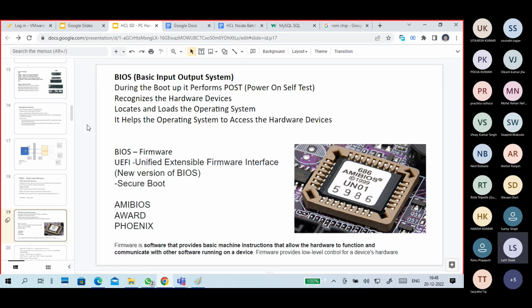When you power on your system, the BIOS chip recognizes your hardware devices, like what CPU you inserted, what RAM you inserted, what hard disk you connected, what CD-ROM you connected. It recognizes the devices.